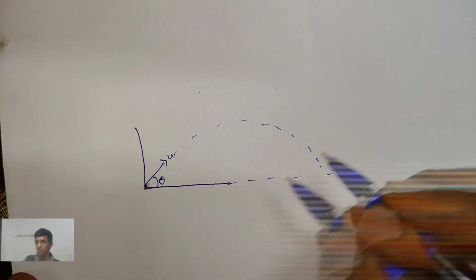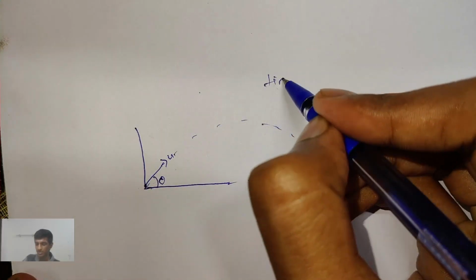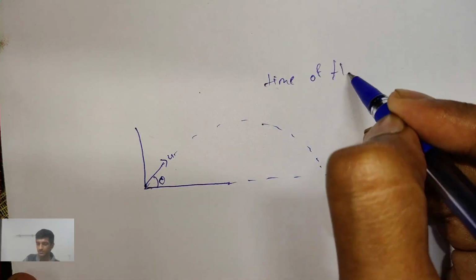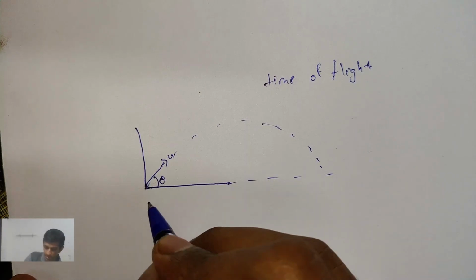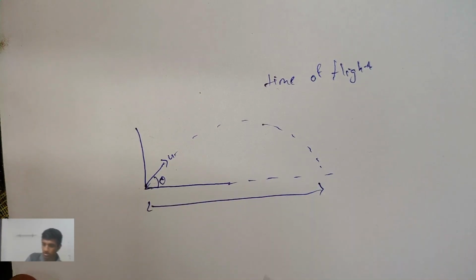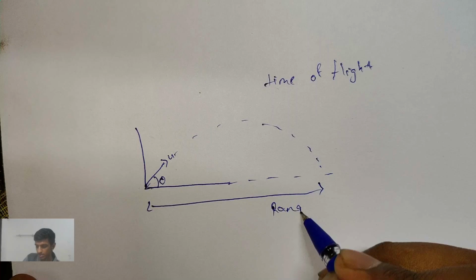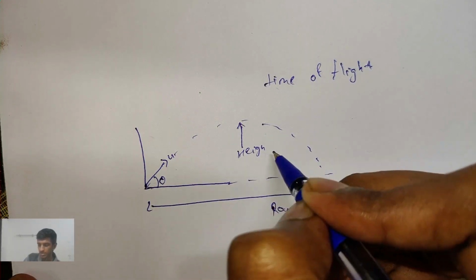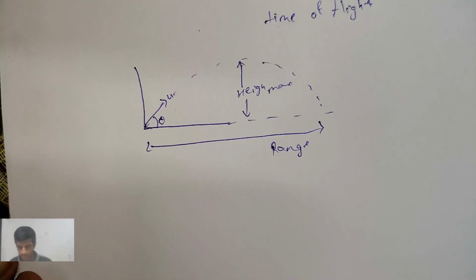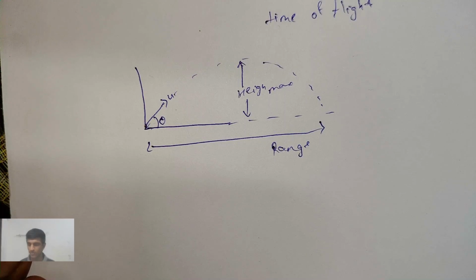We need to know the time of flight of this projectile. We also need to know the maximum range it will achieve and the maximum height it has reached. So to get to know all this, we first need to understand how we will do this.